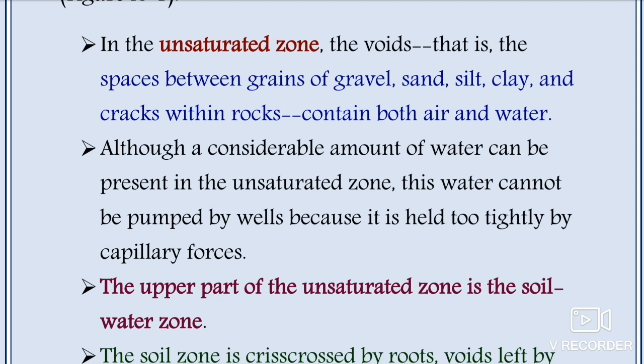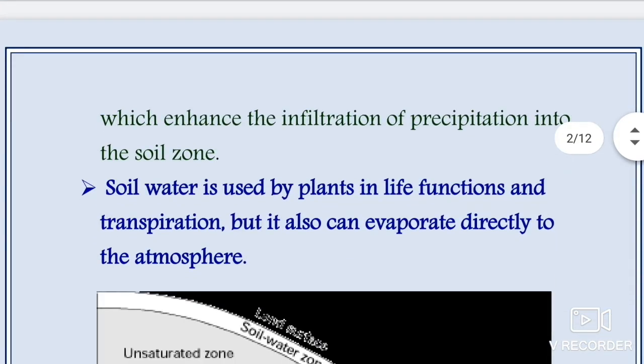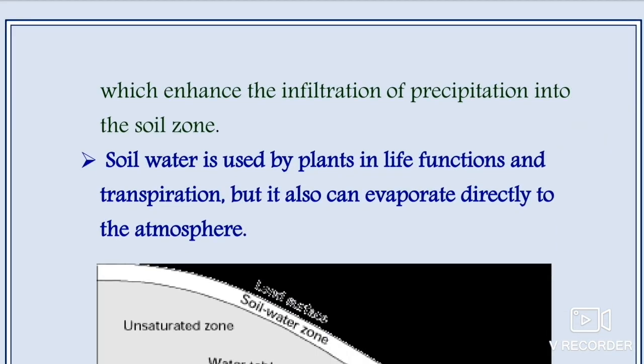But the upper part of the unsaturated zone is the soil water zone. The soil zone is crisscrossed by roots, voids left by decayed roots, and animal and worm burrows, which enhance the infiltration of precipitation into the soil zone.